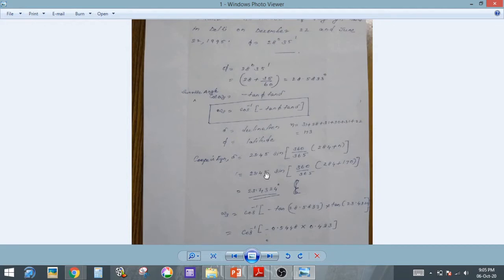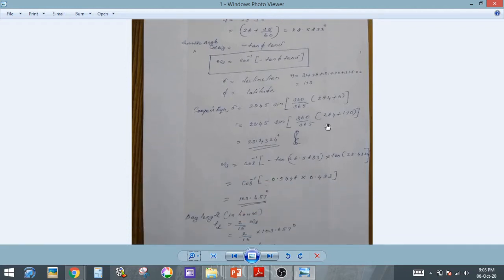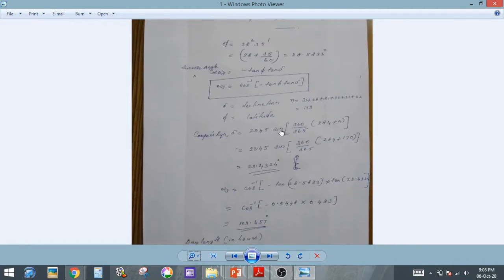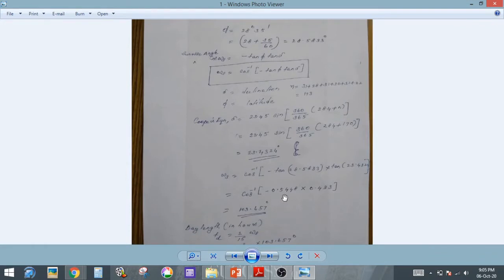Again, small n is the day of the year, and by substituting these values we will get delta equal to 23.4324 degrees. We find the delta, we know the location, hence we substitute these values in omega s. So omega s is equal to cos inverse minus tan the values.